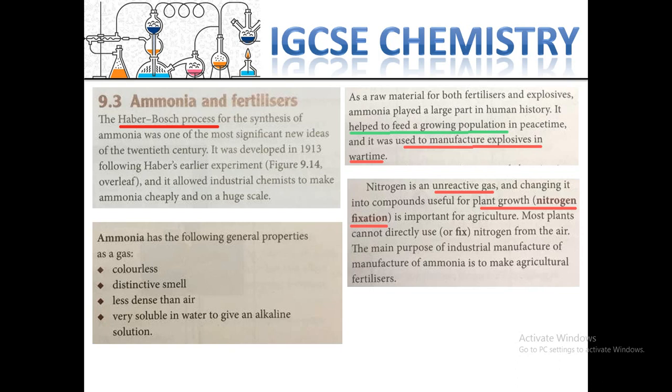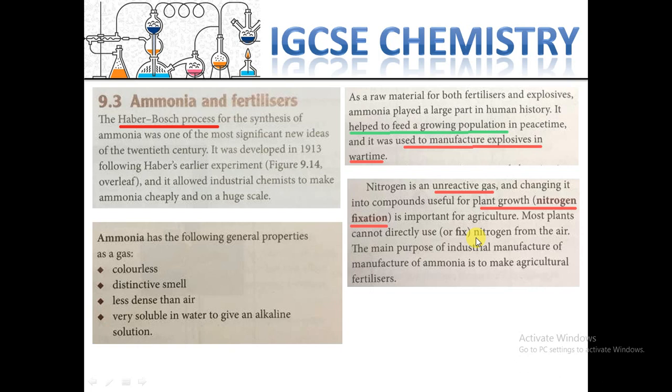Nitrogen is an unreactive gas, and we learned that most of the atmosphere is made of nitrogen gas. It is unreactive, but it is very important for plant growth and nitrogen fixation. I explained this in chapter 1, if you remember.